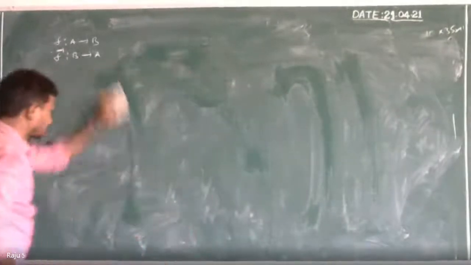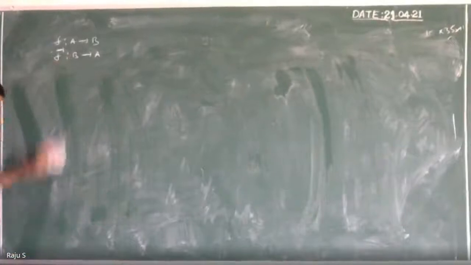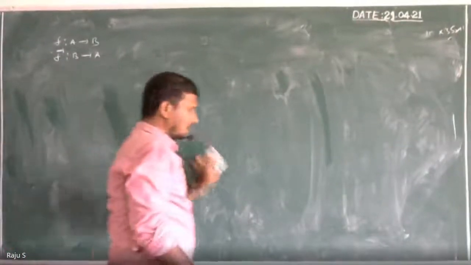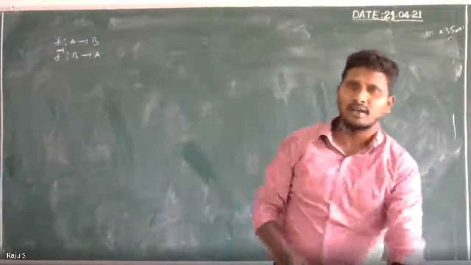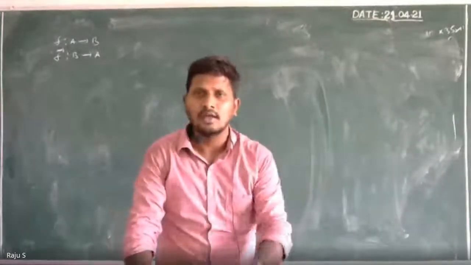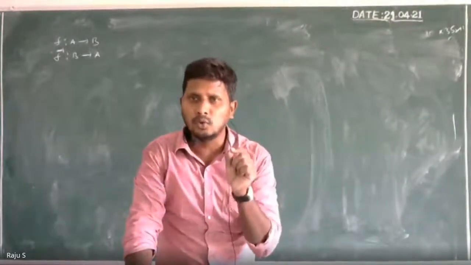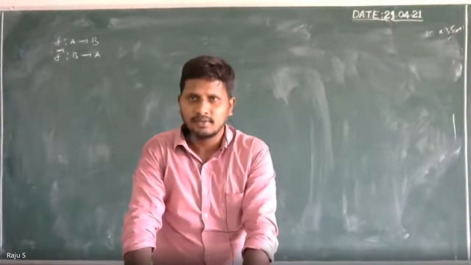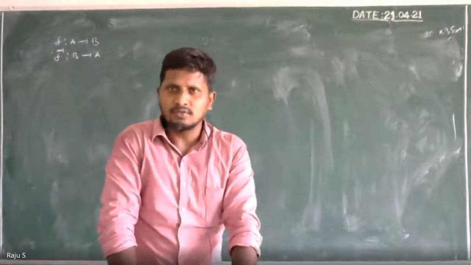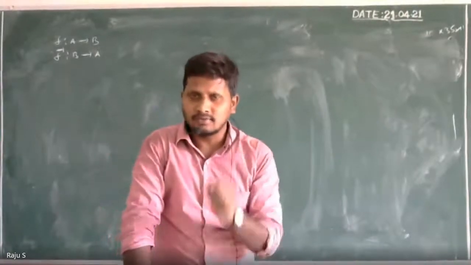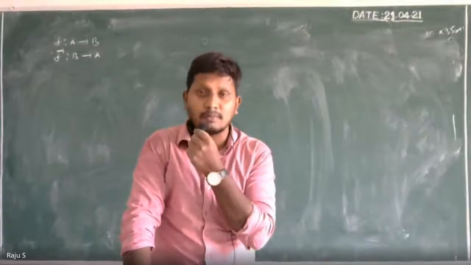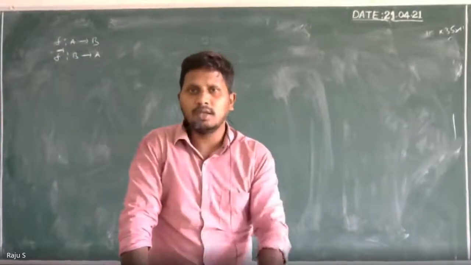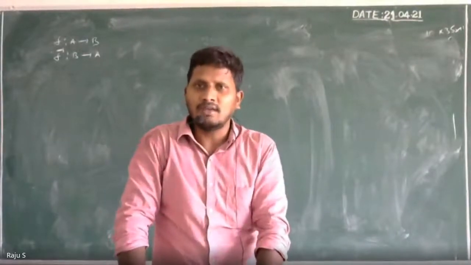The same concept we can apply to inverse trigonometric functions also. Fine. So first the graphical representation. Before that, if you want to draw the graph of trigonometric functions, you should know about domain and range. Especially NCERT students and JEE students must remember the domain and range of the sine function.